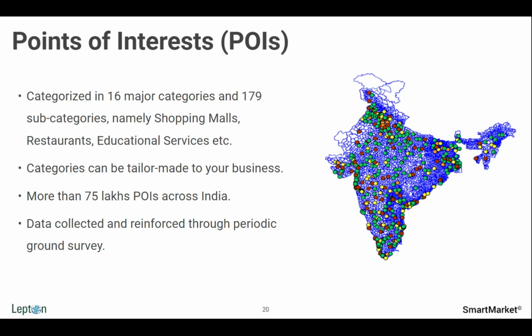Lepton is also a premier partner for Google Maps business in India and Southeast Asia. Places API is a rich depository of points of interest data, which can be leveraged in Smart Market as per need. And as and when required, we also do ground surveys for different enterprises.